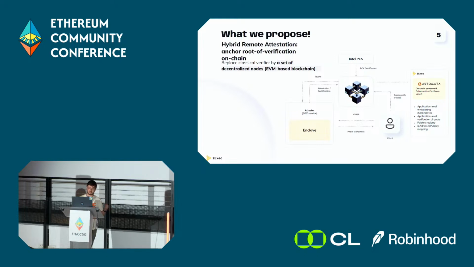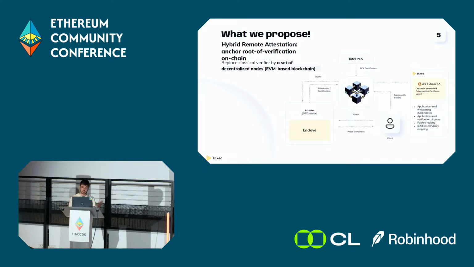So we have extended this smart contract at iExec in order to allow application-level verification of the code, which means that we attest that the code is genuine, it has been delivered by a real SGX enclave, and we also attest that the application is really what it claims to be.